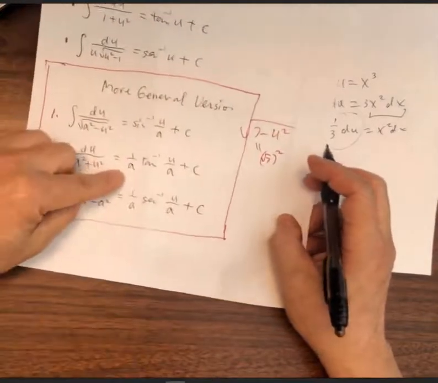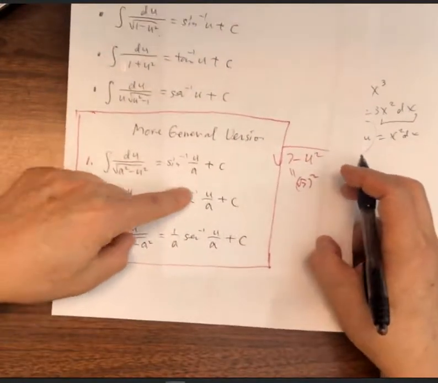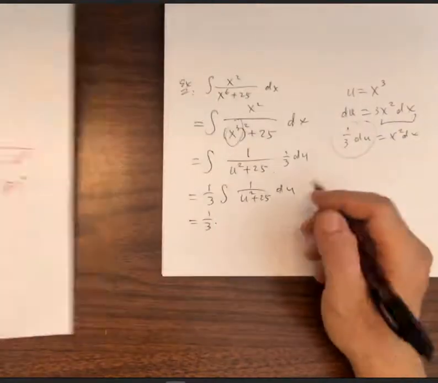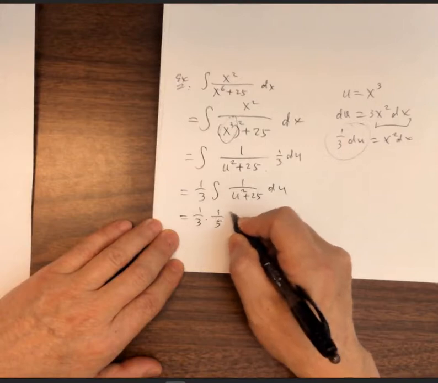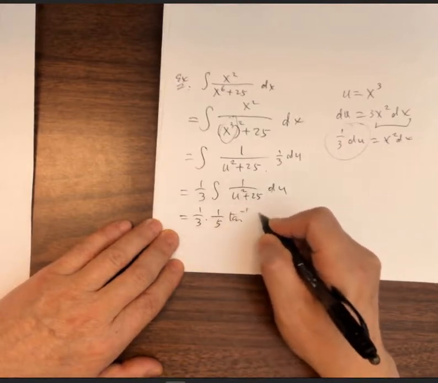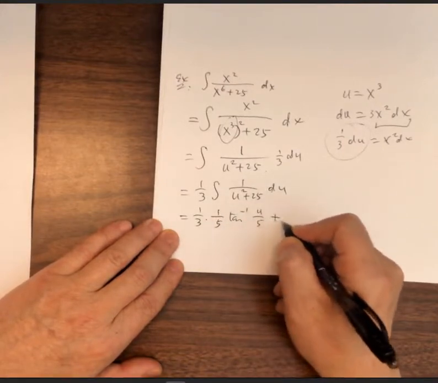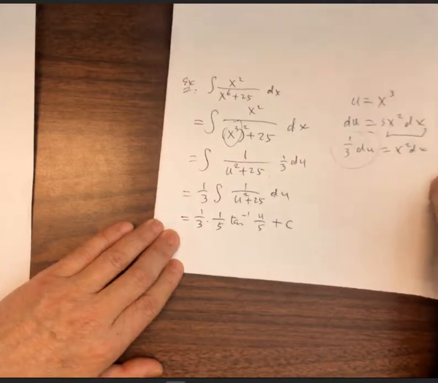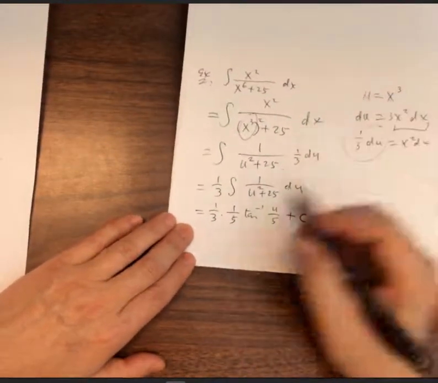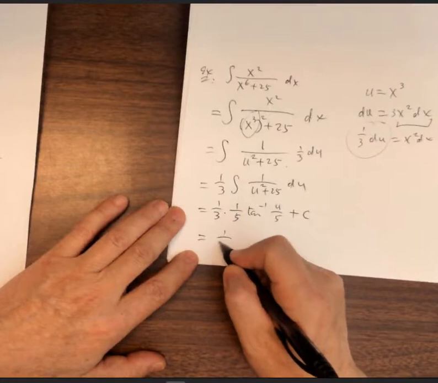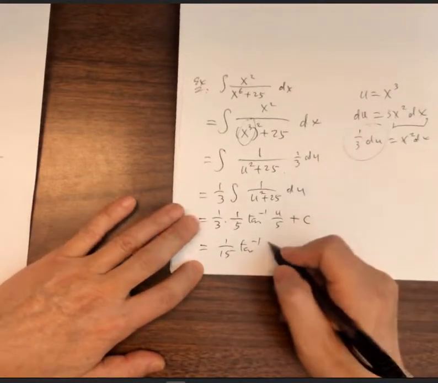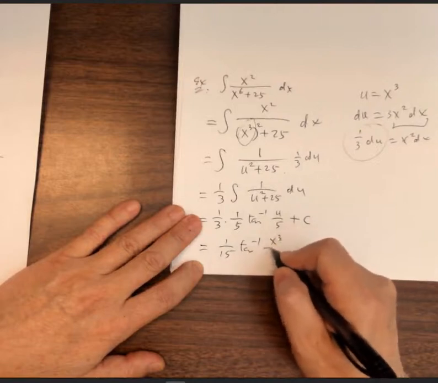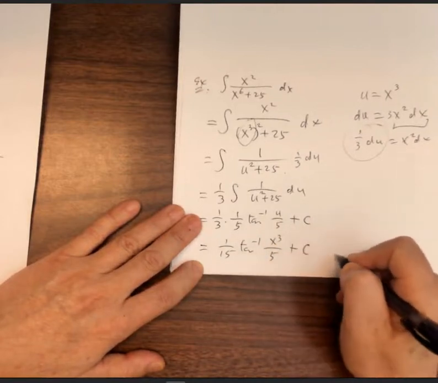It's 1 over a inverse tangent u over a. 1 over 5 inverse tangent u over 5 plus c. And finally, we get our x to the 3rd power back for u. Done.